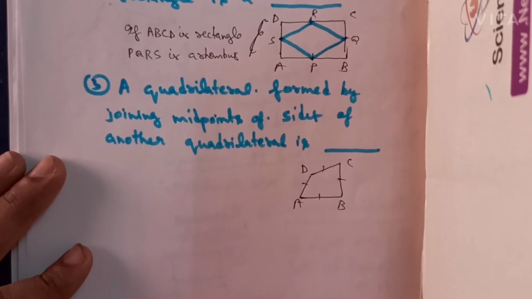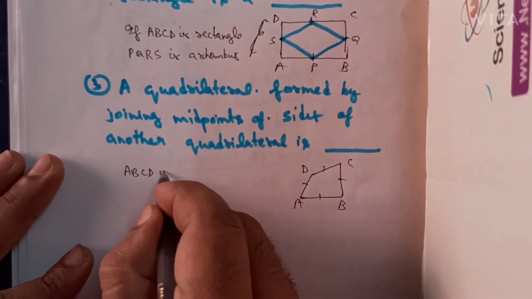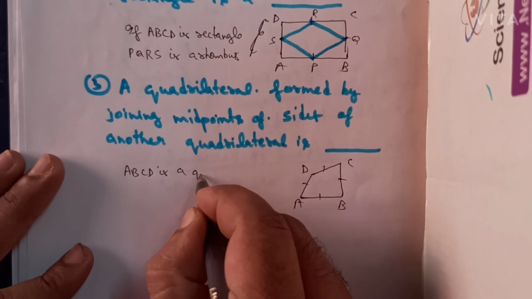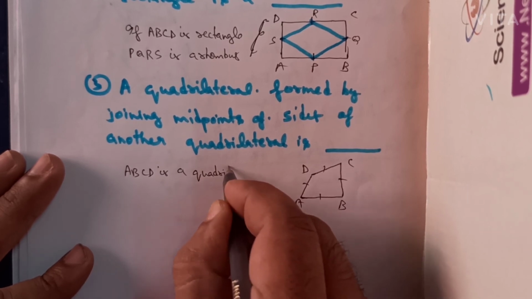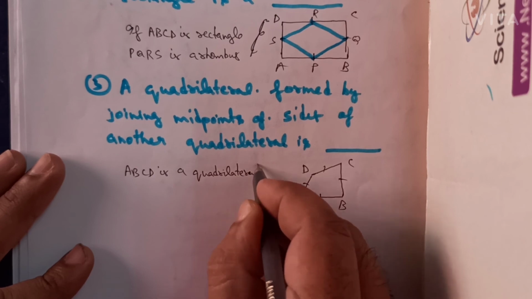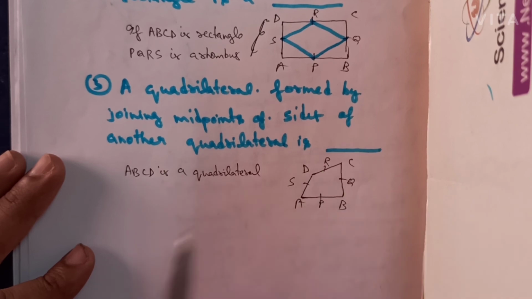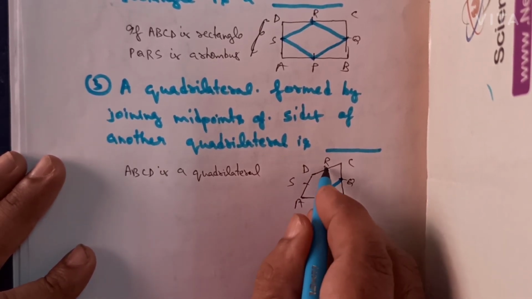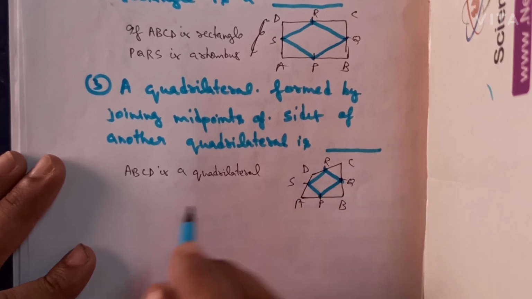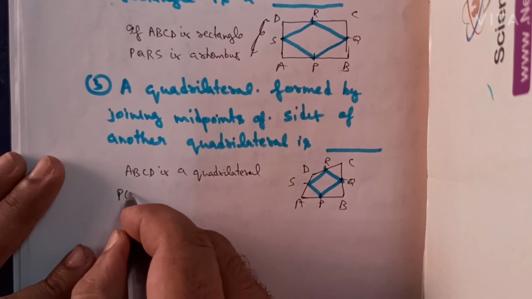Now a quadrilateral formed by joining the midpoints of sides of another quadrilateral. Here given that ABCD is a quadrilateral. Okay. So if we join the midpoints PQRS of the sides of the quadrilateral, then the figure formed, PQRS, is a parallelogram.